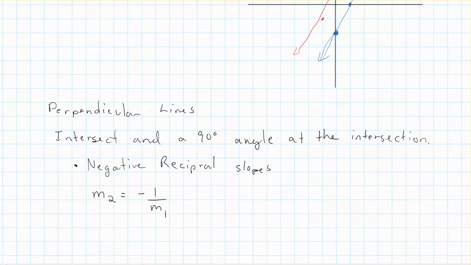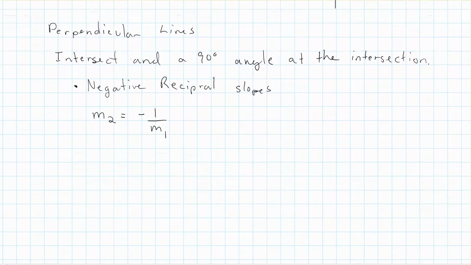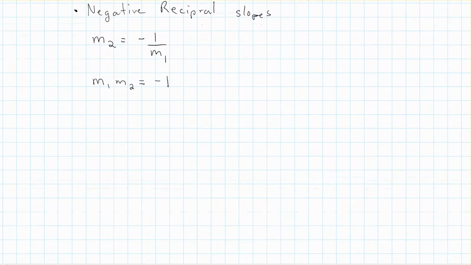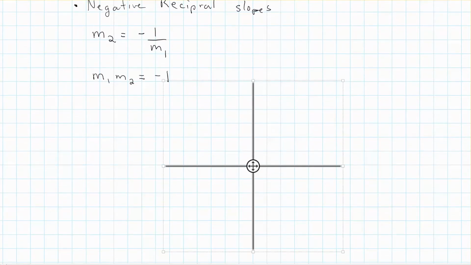So you do a negative reciprocal to get those slopes. Now, another way to view this, and it's the way I sometimes view it, is that you can also think of it as if you multiply the two slopes together, you get negative 1. Okay, so let's look at a quick example, a graph of perpendicular lines.